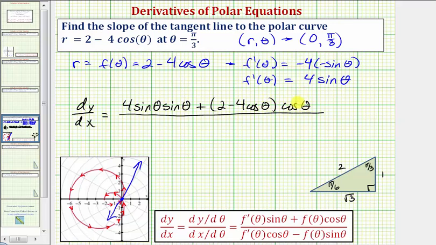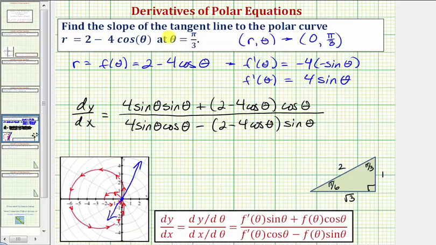And the denominator is going to be f prime of theta times cosine theta minus f of theta times sine theta. So we'd have 4 sine theta times cosine theta minus the quantity 2 minus 4 cosine theta times sine theta.